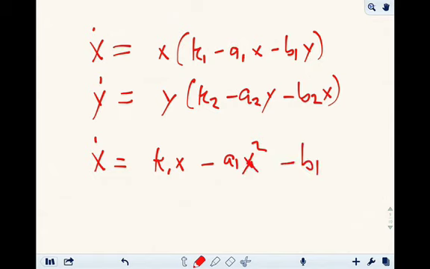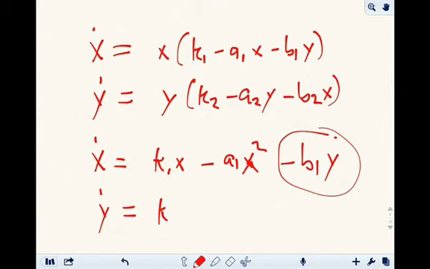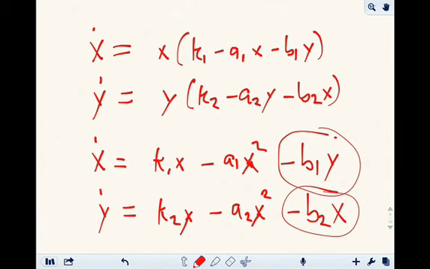Minus B1 times Y is the interspecies competition effect term, so Y has a deleterious effect on X. Y dot is essentially the same with different parameters. It may have a different growth parameter and a different density dependence. Here we have Y, and Y squared, minus B2 X, and there's the interspecies competition term in the Y equation.